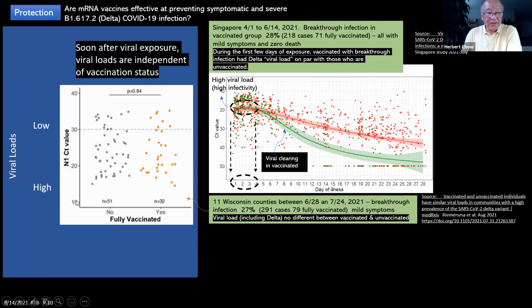The lower the CT values, the higher the amount of virus. So when I say the viral load is high, which means the number of viral particles in the sample is very high. And if you look at the breakthrough infections, whether it's vaccinated or non-vaccinated, you really cannot tell.